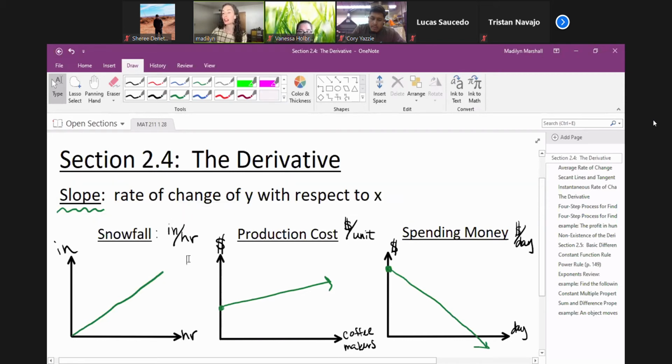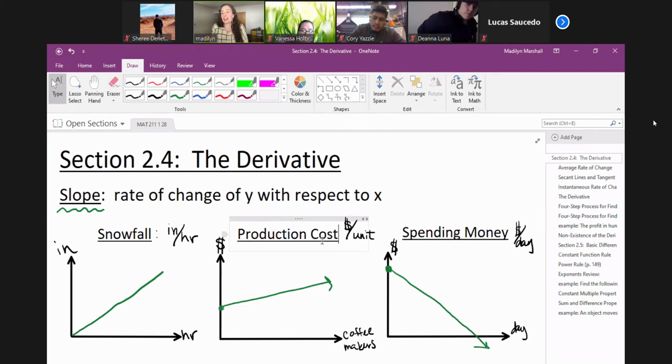If we're looking at the rate at which snow is falling, we could say it's falling 2 inches per hour. If we're looking at the cost it takes to produce coffee makers, we could say it costs $20 per coffee maker, just throwing that out there.